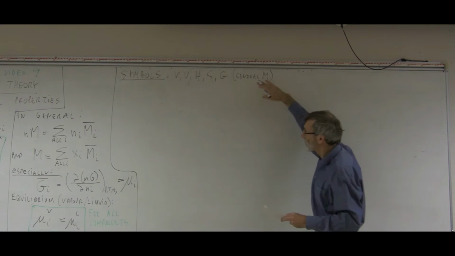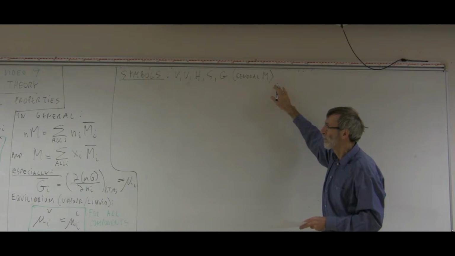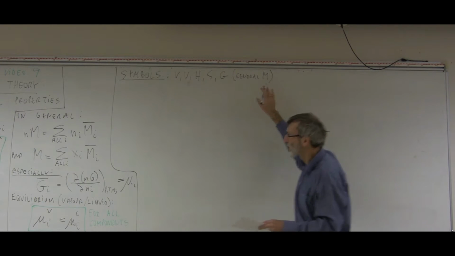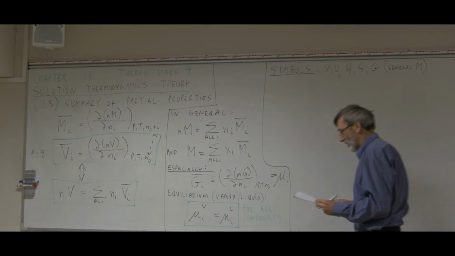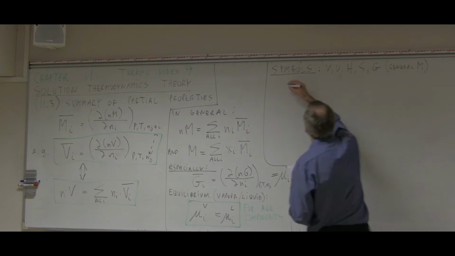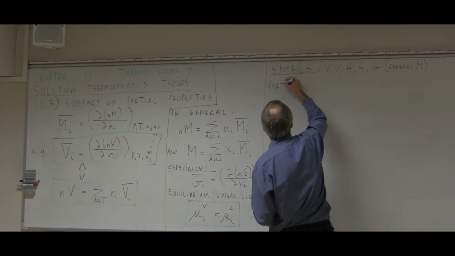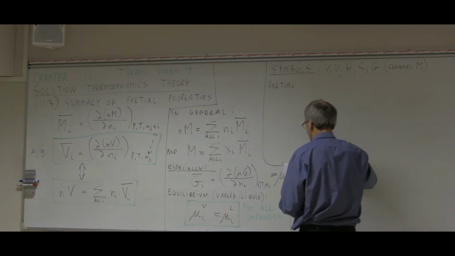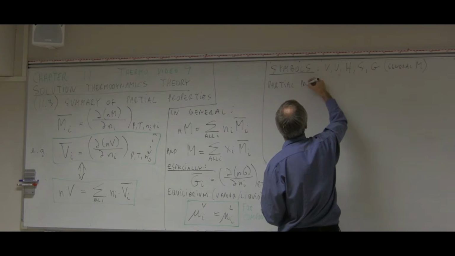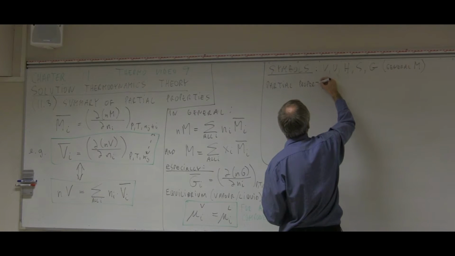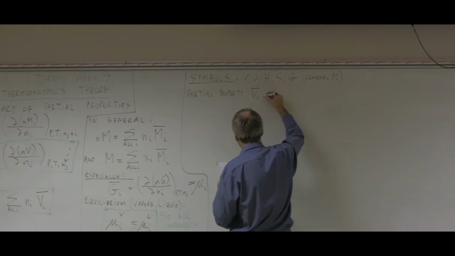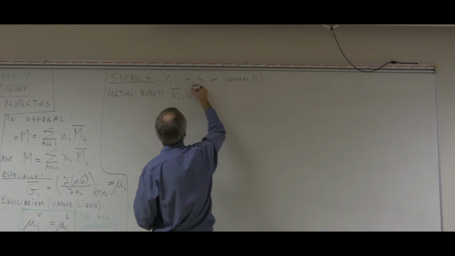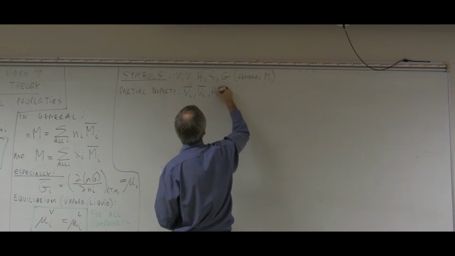And we have a general symbol M for any property. We have partial property, and this is the symbols used.